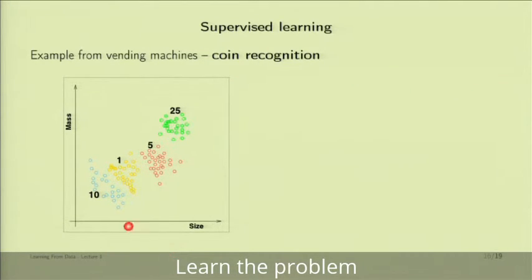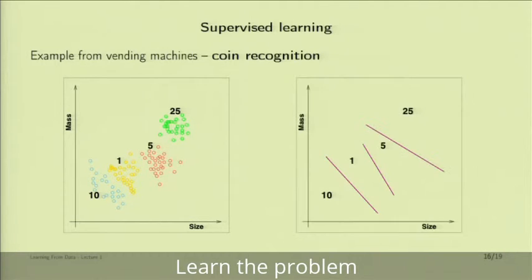So let's say that this is your training data, and it's supervised because the things are colored. I gave you those and told you they are 25 cents, 5 cents, etc. So you use those in order to train a system, and the system will then be able to classify a future one. For example, if we stick to the linear approach, you may be able to find separator lines like those, and those separator lines will separate based on the data the 10 from the 1, from the 5, from the 25.